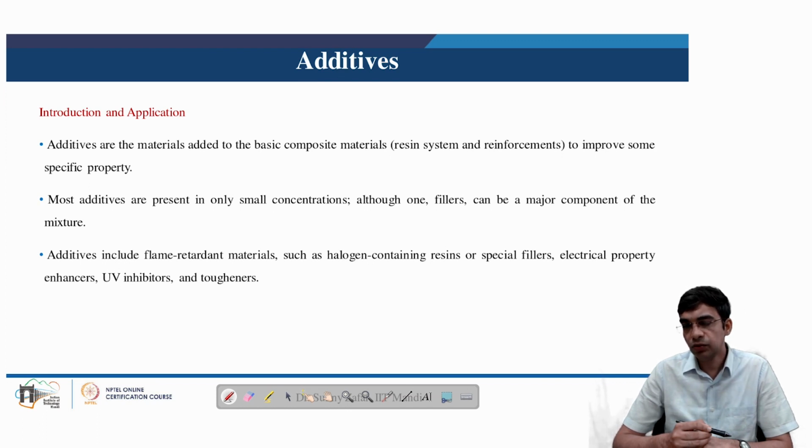Examples include fire retardant additives, which have a specific role to play to enhance the fire retardancy of the polymer composite. Other than this, we can also add additives which can enhance electrical properties, act as ultraviolet light inhibitors, or act as toughness enhancers.